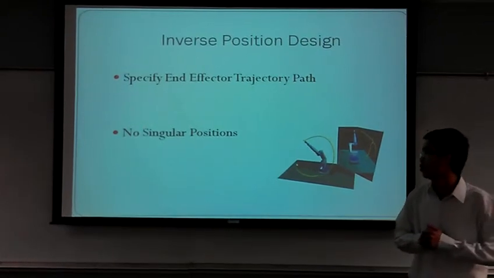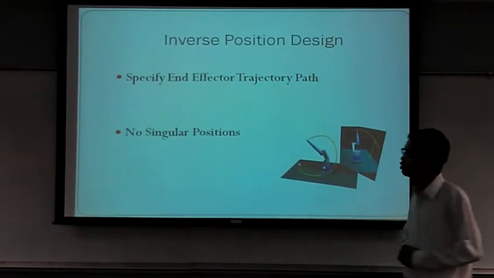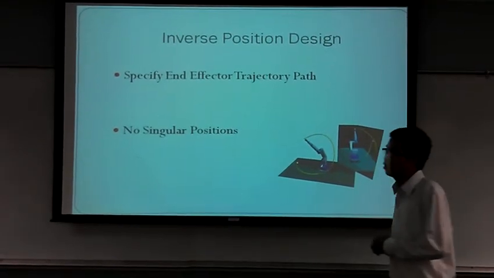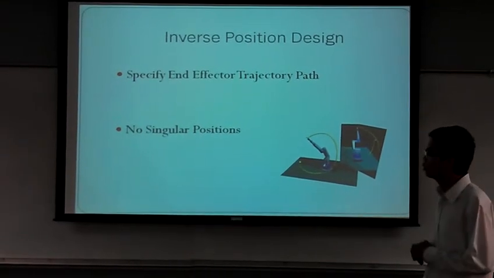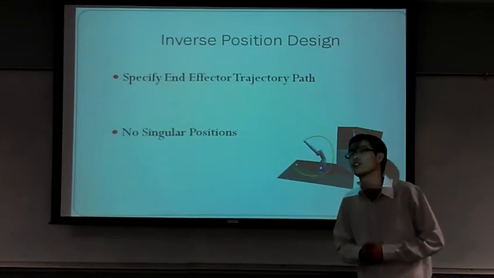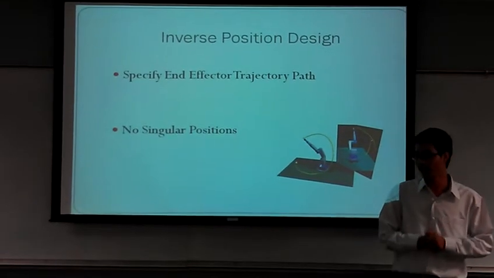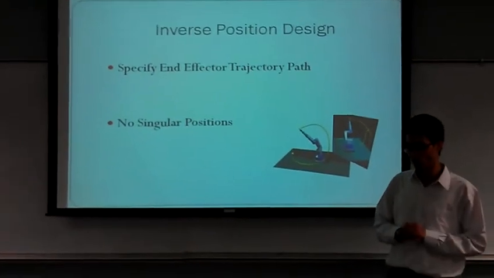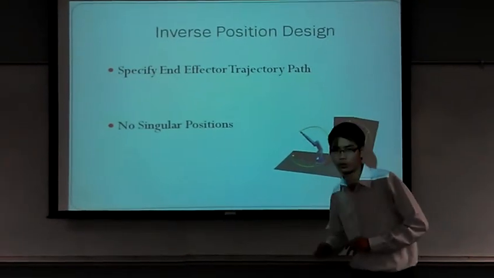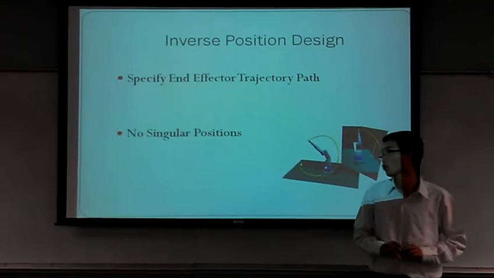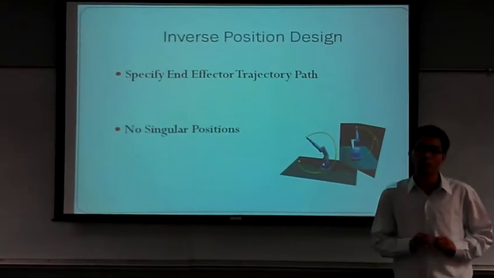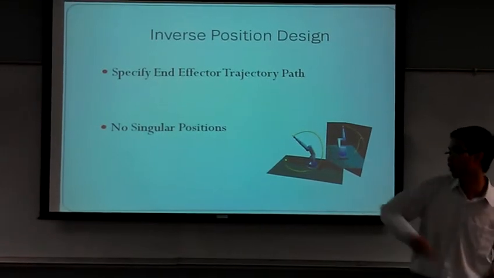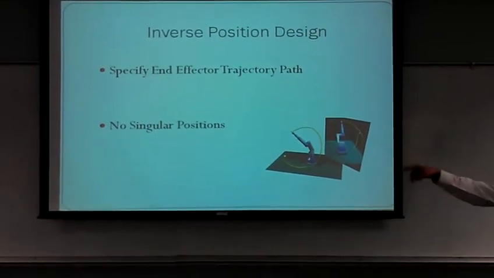We also make sure that there is no singular position that will lock up the system. In order to do that, we have to make sure the Jacobian is a square matrix and its determinant cannot be 0. Once we solve those equations properly, we will obtain a desired robot. Now I pass off to Eduardo.